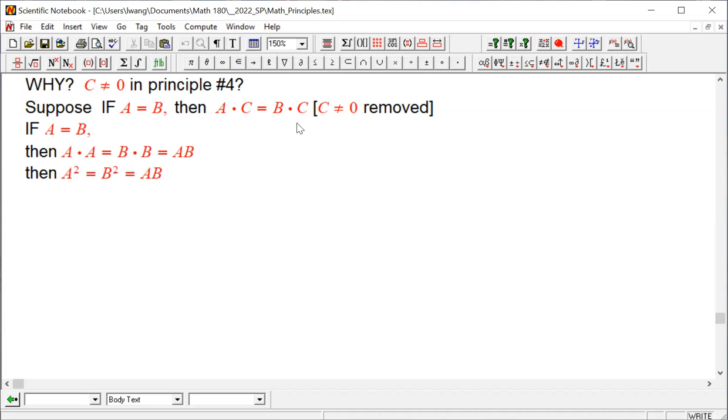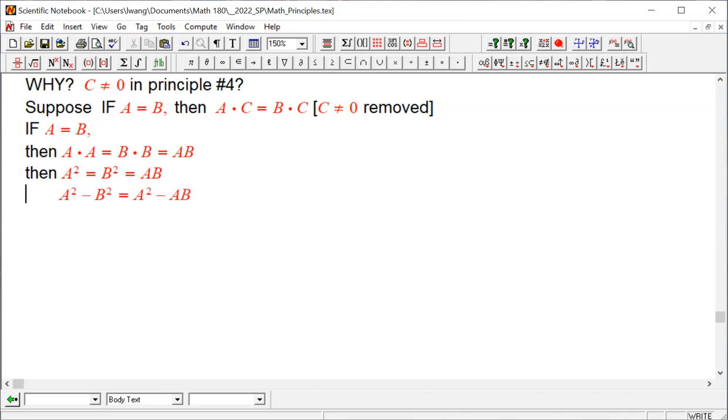And what is more, because they're the same number, I can say A squared minus B squared is going to be the same as A squared minus A times B, because they're the same after all. A squared minus B squared is going to be 0. A squared minus AB is going to be 0.